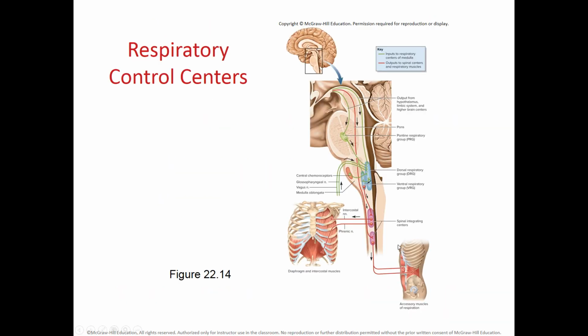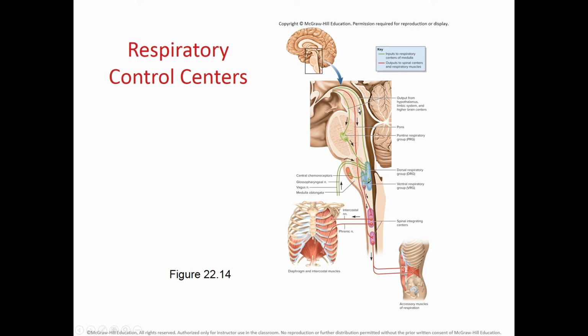And this is a diagram or picture to show you your respiratory control centers, where they are located. So here we have the pons with the PRG, and then in here we have the medulla oblongata with the DRG and the VRG. So this pons with the PRG is controlled by upper centers within the cerebral cortex.